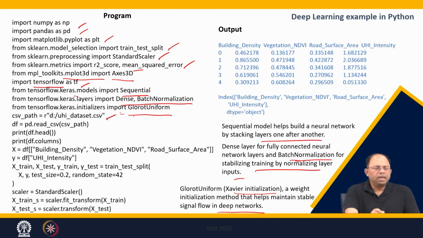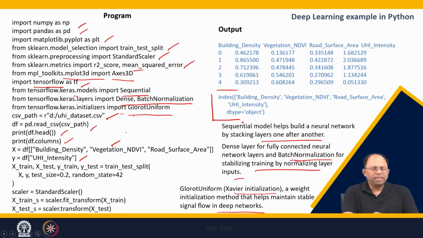So we are loading the dataset uhi_dataset.csv, storing it in a data frame, and then printing the head and the columns. So you can see the first 5 rows of the data and the column values. After that the rest is standard. We declare what is X and what is Y, that is, what is being predicted and what are the features.